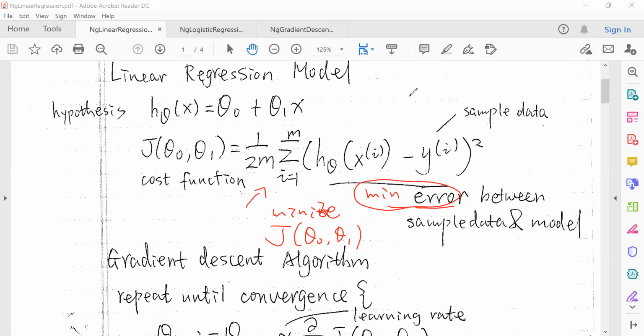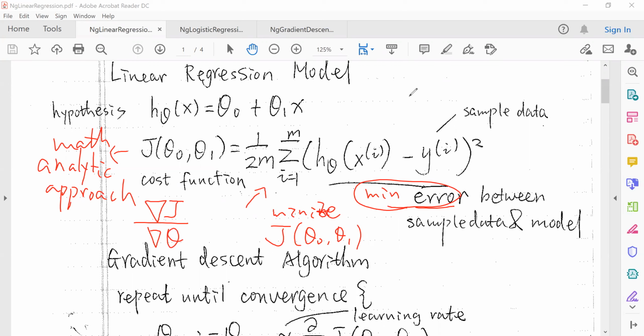There is a pure analytic approach. So from math, how do you find the minimization of this value? You take the derivative and make it 0.